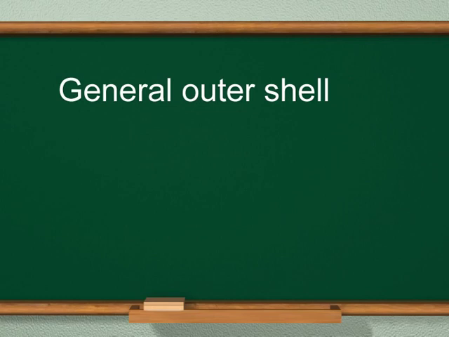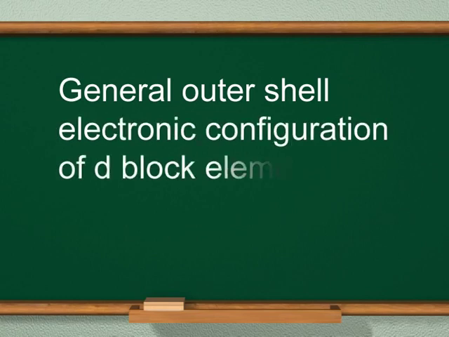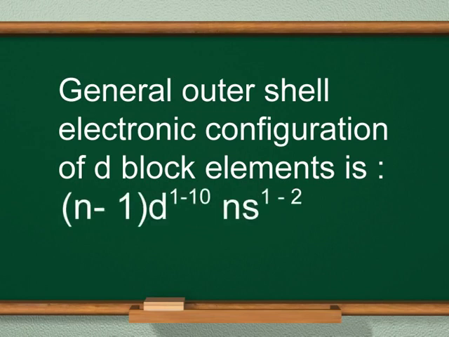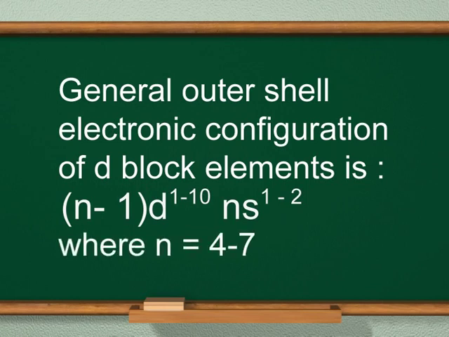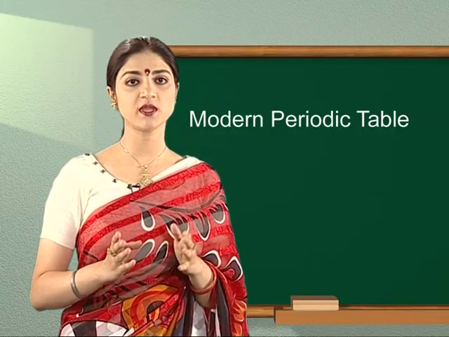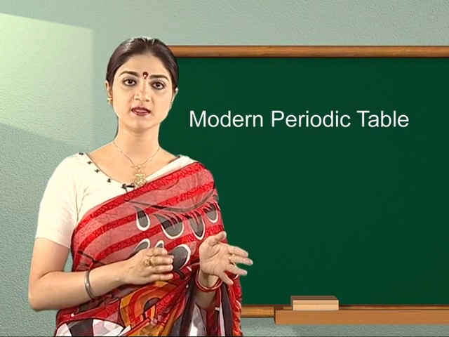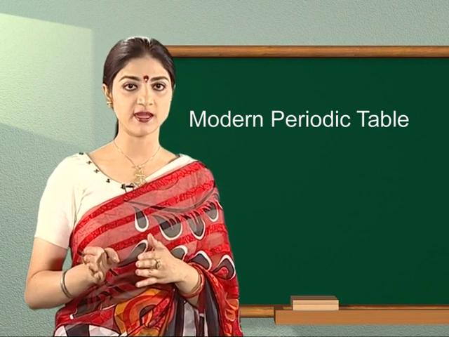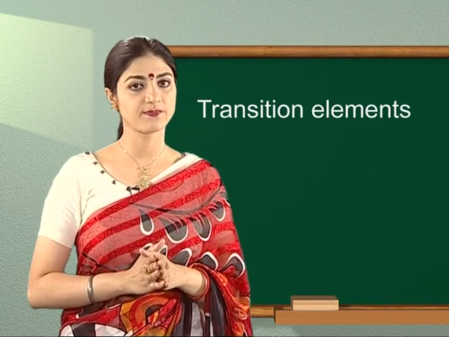General outer shell electronic configuration of d block elements is (n-1)d1 to 10 ns1 to 2, where n is equal to 4 to 7. Since the properties of these elements are midway between those of s block elements and p block elements, they are also called transition elements.